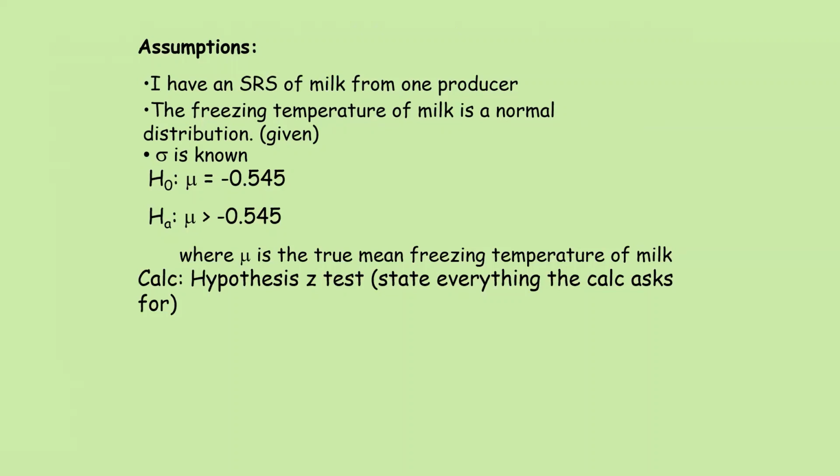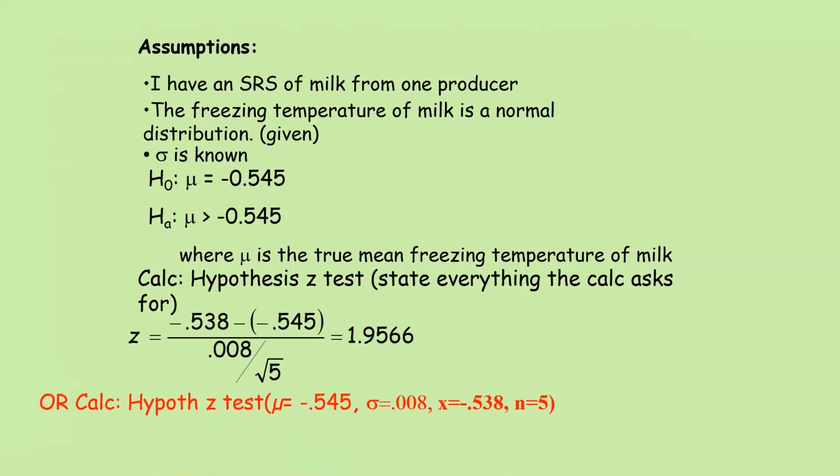More often, you're going to right arrow and go to stats. Put in your mu, put in your sigma, put in your x bar, and put in your n. Or you could plug in formulas. If you're calculating z by hand, this would be the formula: x bar minus mu, divided by sigma divided by square root of n.